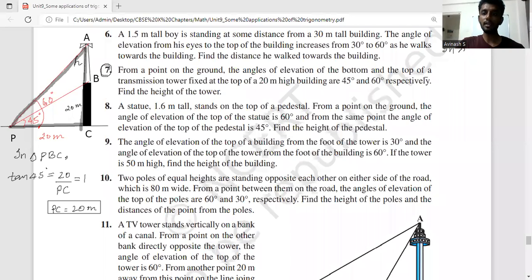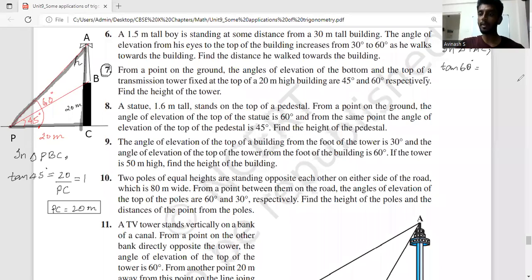So in triangle PAC, now PAC is the target. If you look at PAC, I'm going to apply tan 60 degrees, which is nothing but opposite over adjacent. When I say opposite to 60 degrees, I mean the whole of this, because we are targeting the whole triangle.